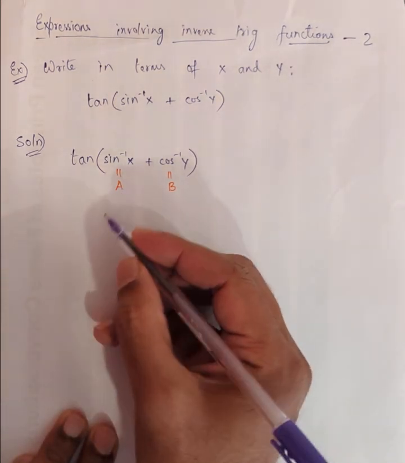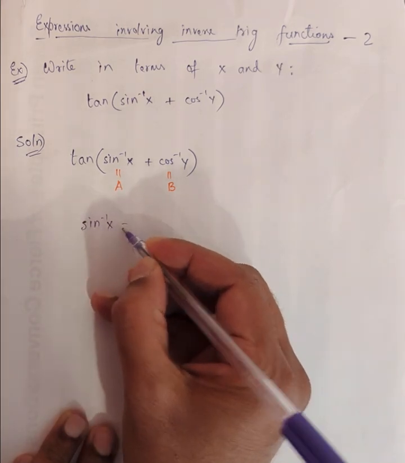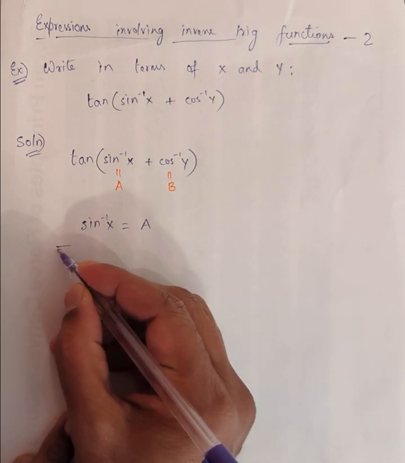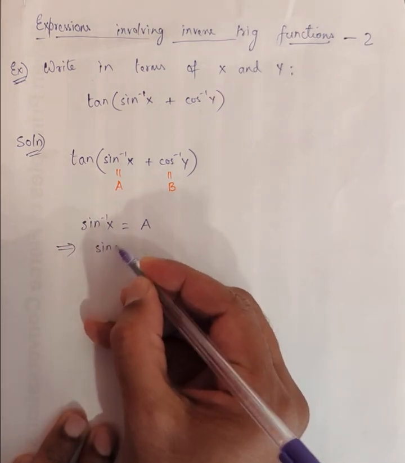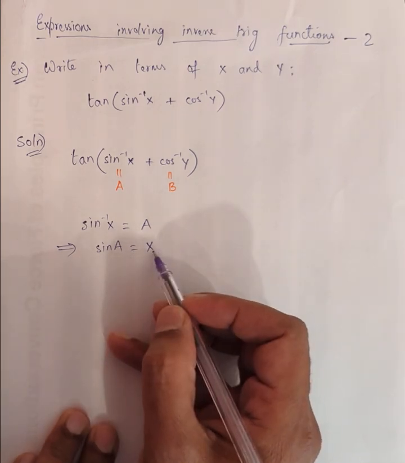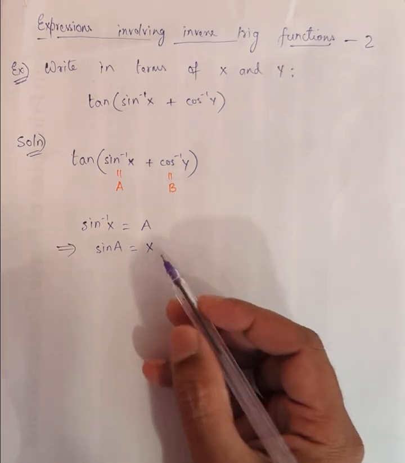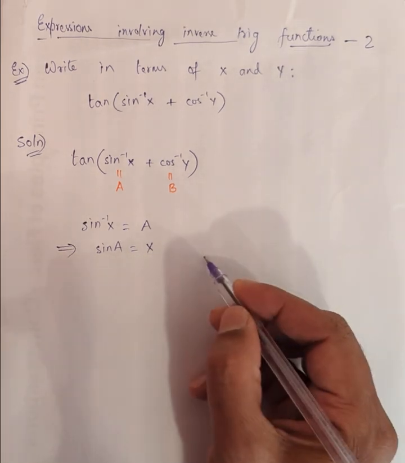Now notice, first thing we did is we wrote sine inverse x equals A, which means sine A is equal to x. And x can be written as x over 1. We can always write it as a fraction.